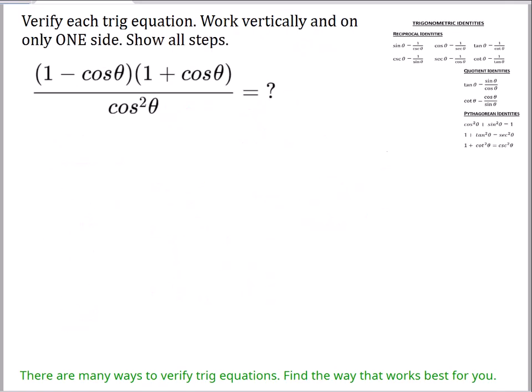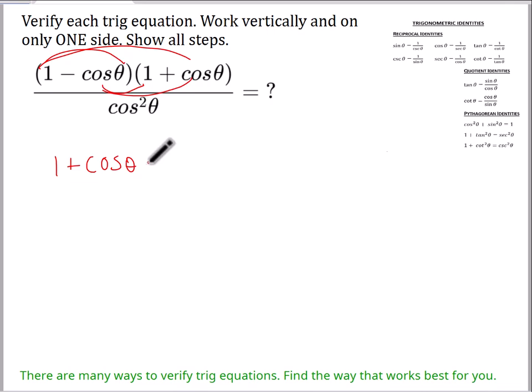Okay, and so now we have some more complicated things. All of these things are already cosines. And so when you have two parentheses, it's helpful to distribute or FOIL, or you could use the box for all of these. And so 1 times 1 is going to give you 1. 1 times positive cosine gives you positive cosine.